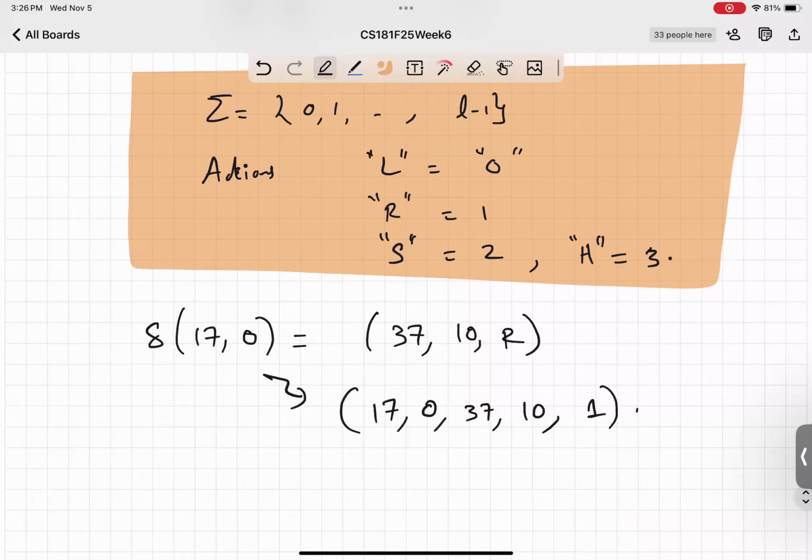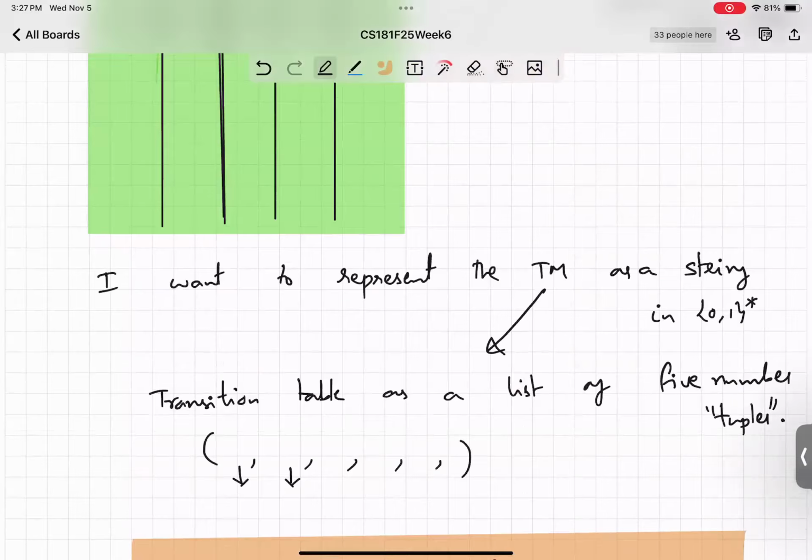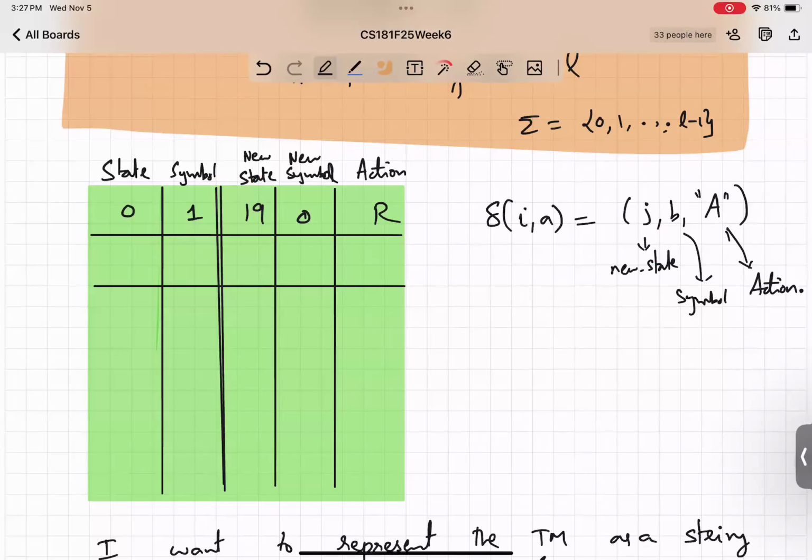Okay, it might not be the most efficient way, but we don't care so much about efficiency, right? But a Turing machine is just a list of 5 tuples of numbers. Okay, and how many such tuples would I need? Like, how many rows would I have here? Right?